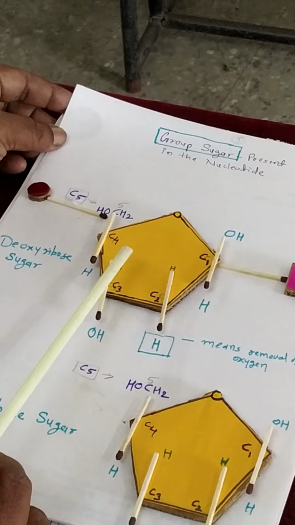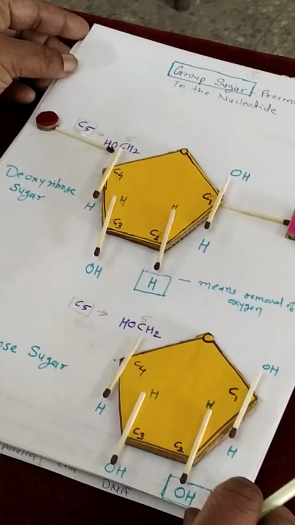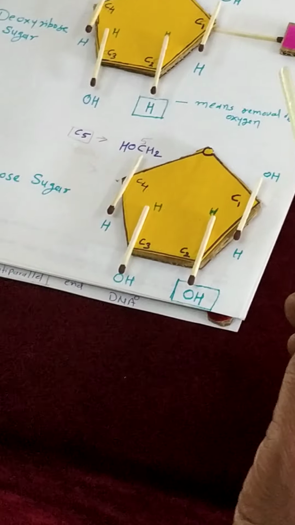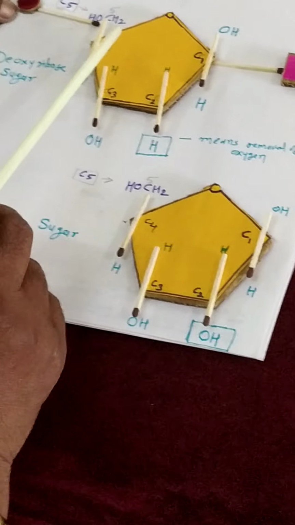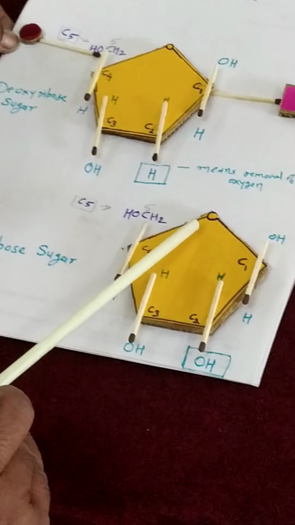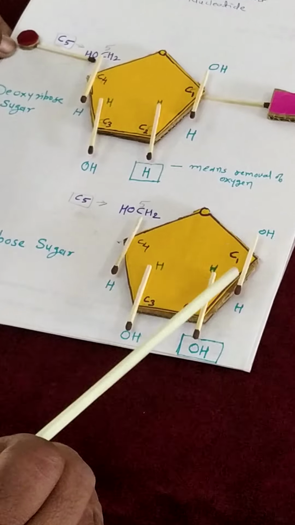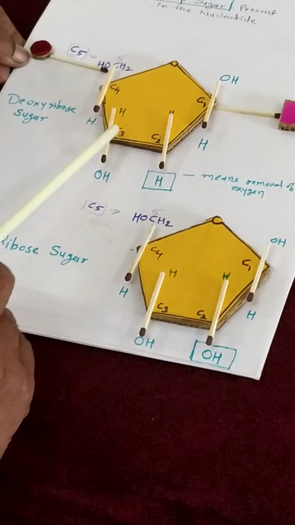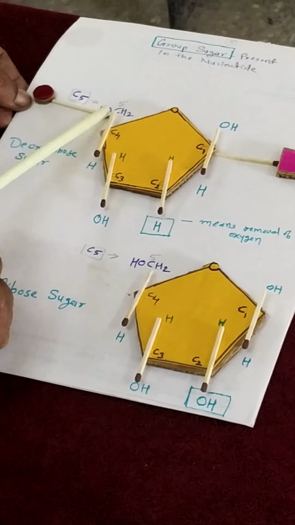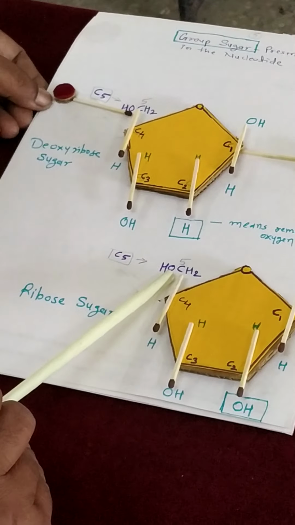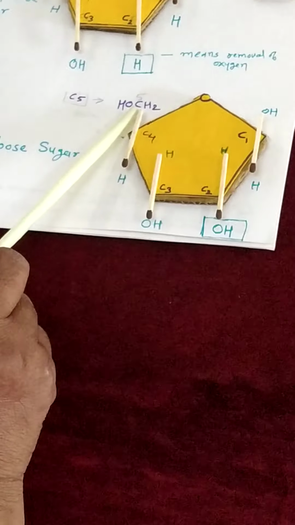Now you have to compare this pentose sugar with this pentose sugar. What differences can you see here? The similar structure of oxygen and oxygen. Numbering is also similar: C1, C1, C2, C2, C3, C3, C4, C4 and C5. Here also C5 is located outside the ring.